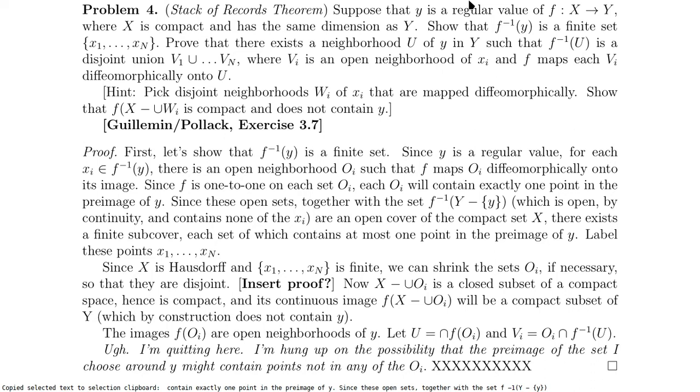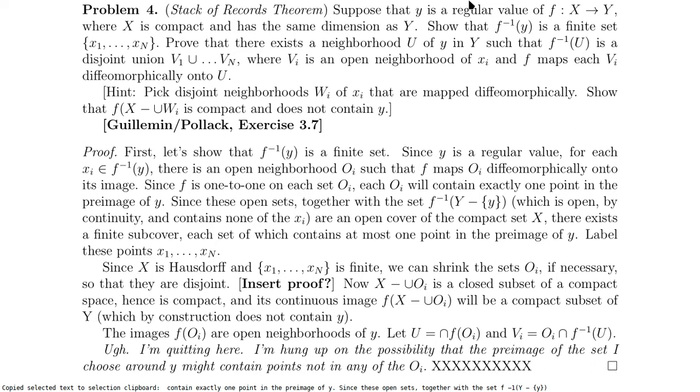If I just intersect the images of the O_i, I'm going to get from -1 to 1. But when I take the preimage of that, I'm going to get all those neighborhoods of x_i, but I'm also going to get that extra bit, which mapped into the part from a half to 1.